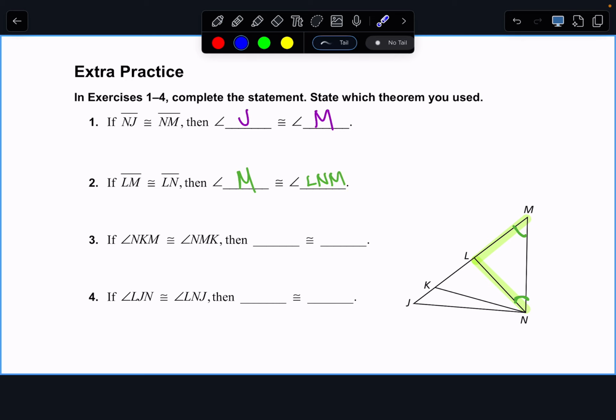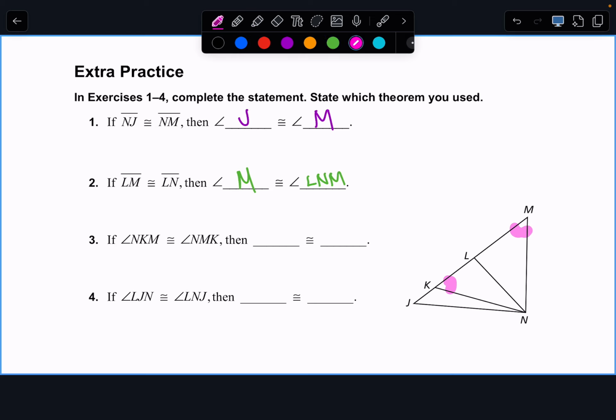Because we have to go LNM. Okay. Next, we have NKM is congruent to NMK. Those two angles are congruent.